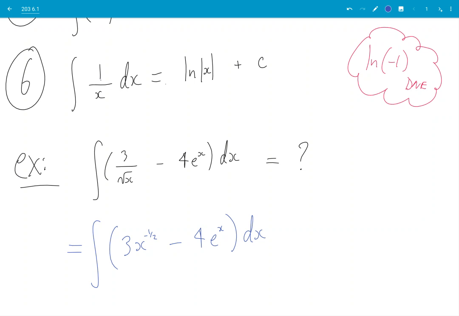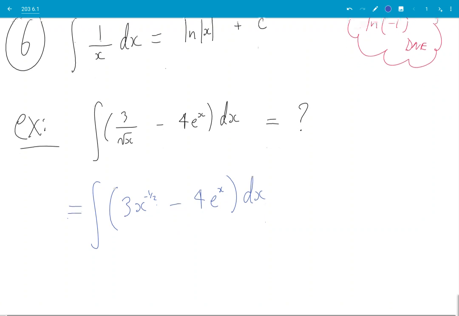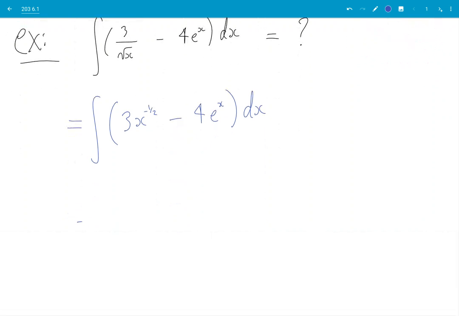So I'm using fractional exponents on the first term. Okay, now I can do my power rule. 3 stays out front. This is the constant multiple rule. Then you get x to the minus 1/2 plus 1 divided by n plus 1.